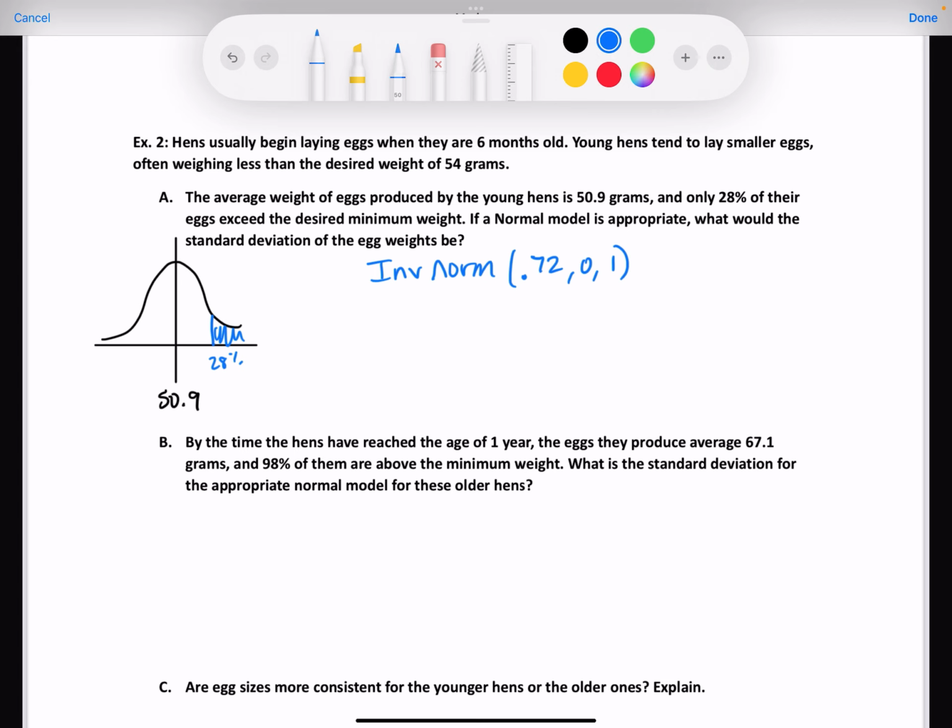Oh, nuts. Wait, where's invNorm again? Stat? No. Vars. Second Vars. Number 3. Got it.